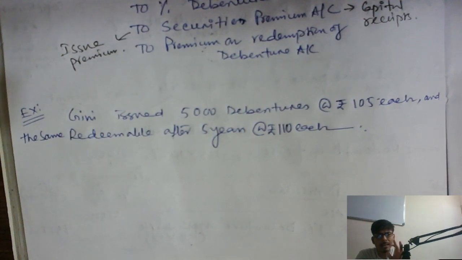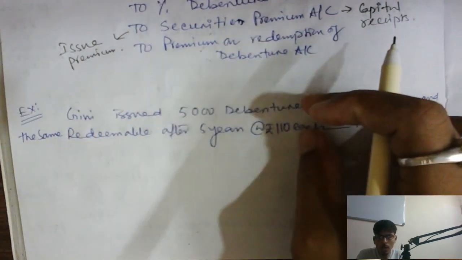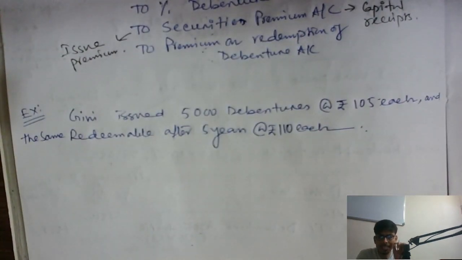We make a single entry to cover it up. See how we do it: in a single journal entry we will cover these two lines.